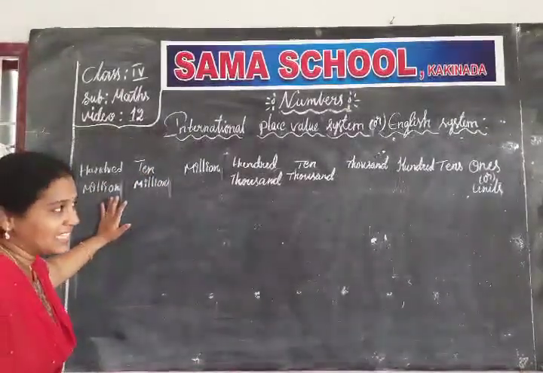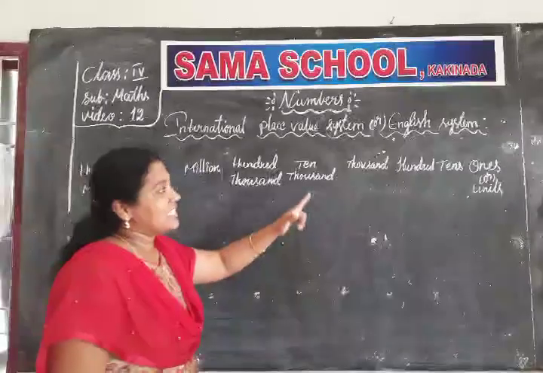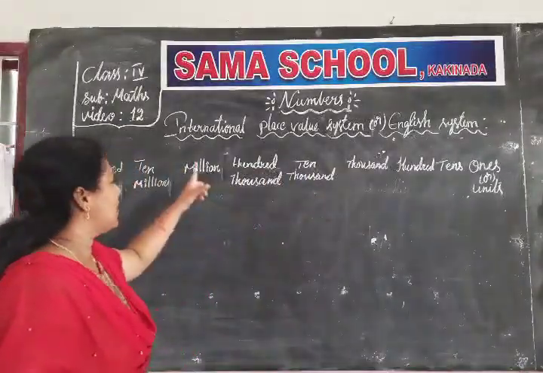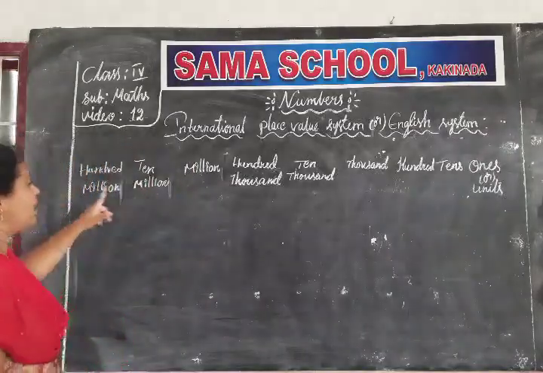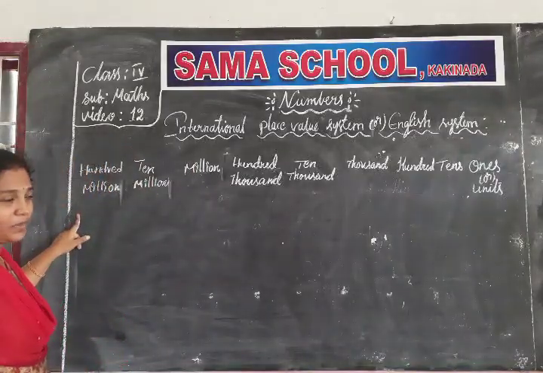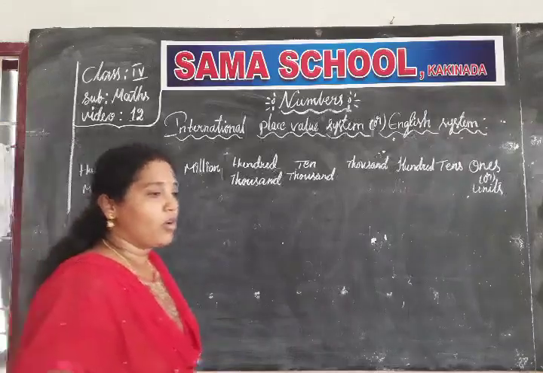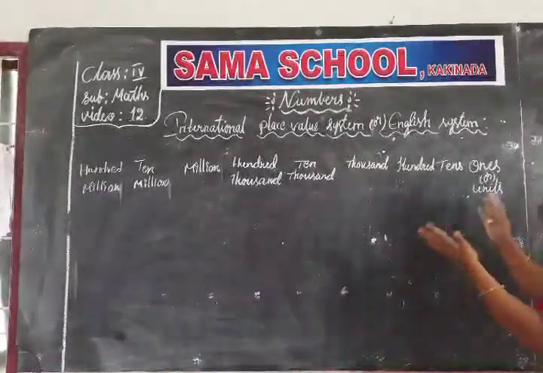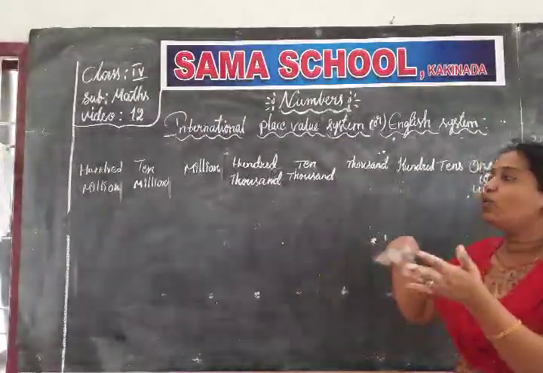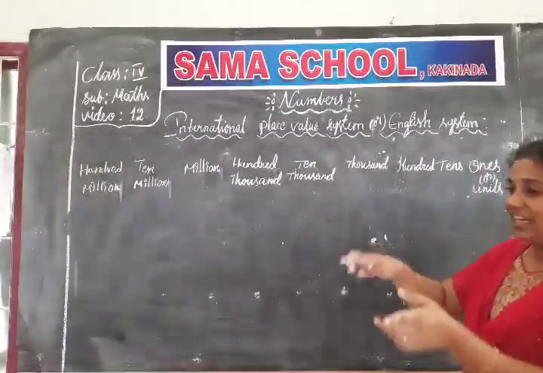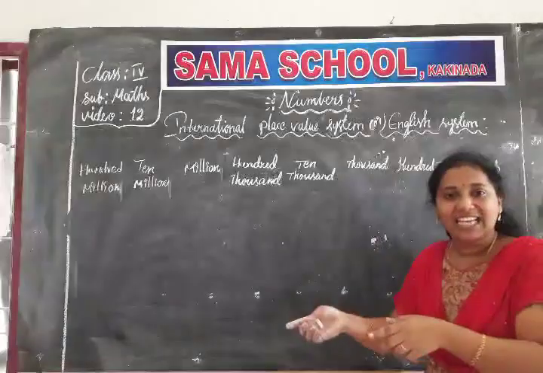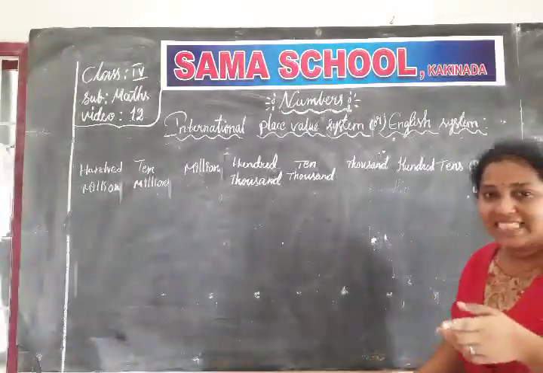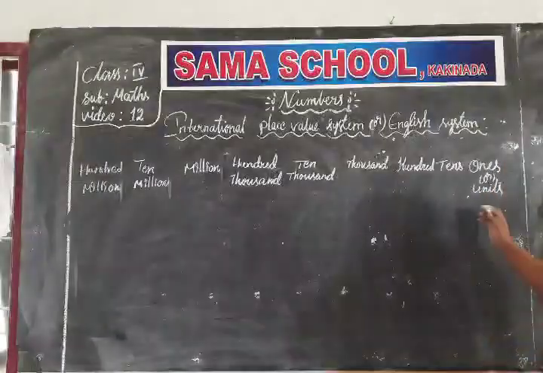You have to remember all these places. If you know this place value chart, then you can identify the number in Indian place value system or international place value system very easily. Understand, children?